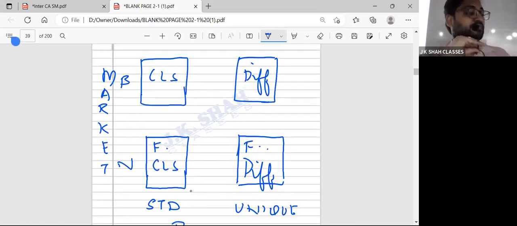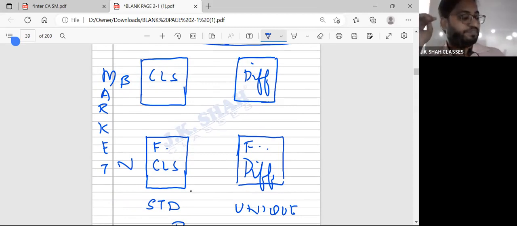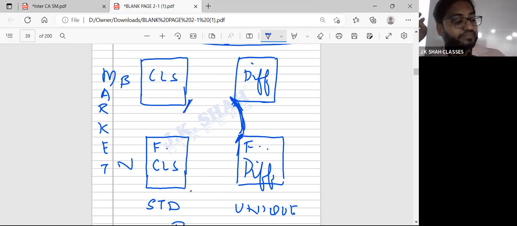So here, what is this talking about? They want unique products. They will sell unique products to customers. You understood? Unique. This particular category, at what price? At low price.